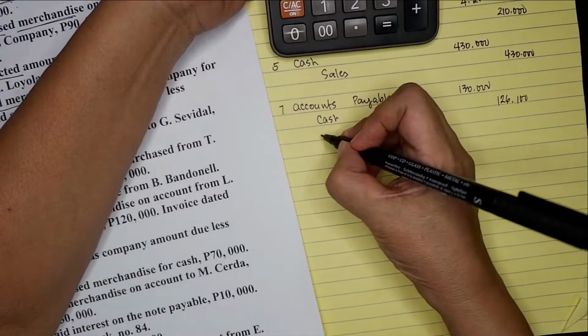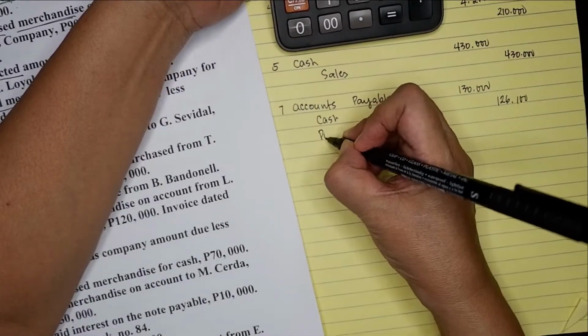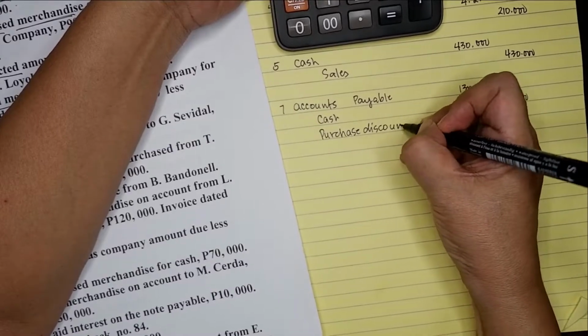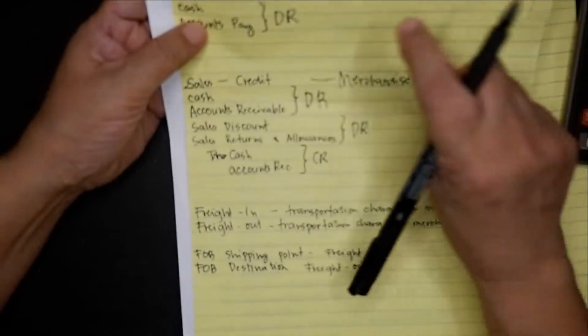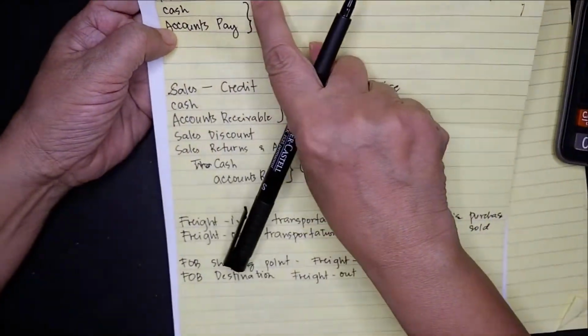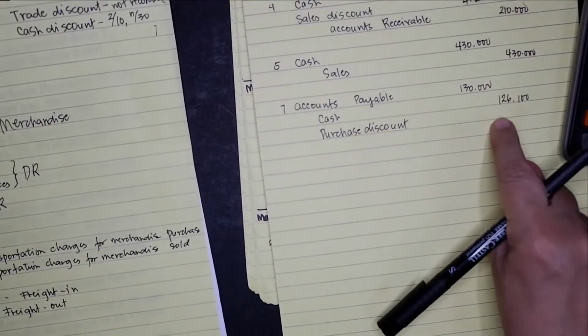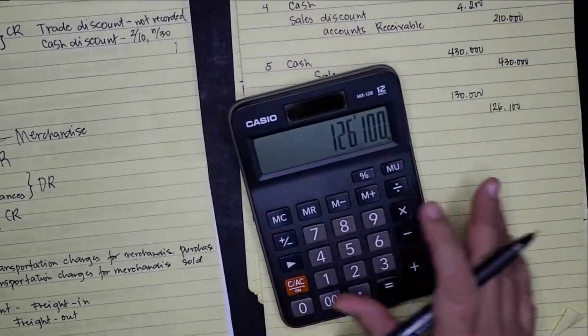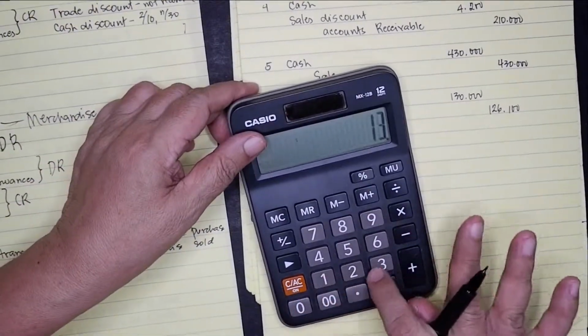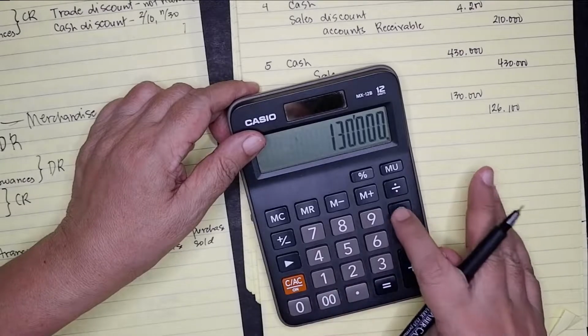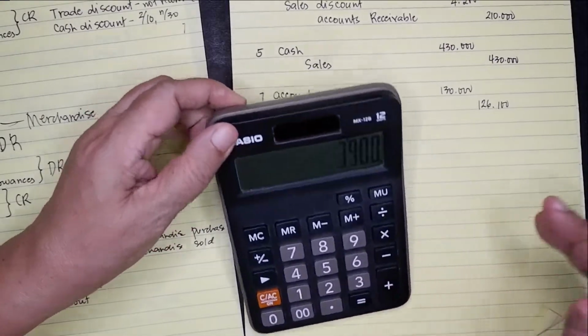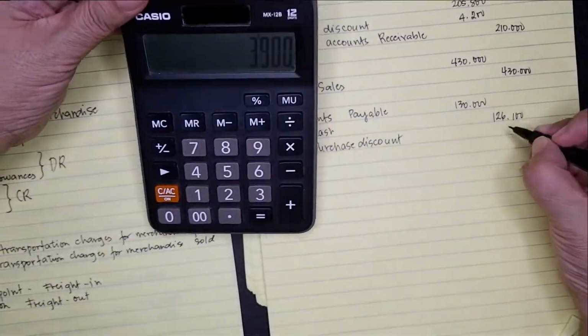And another credit, purchase discount. Remember, our purchase discount is on the credit side. And how much is that? That is 130,000 times 0.03, that is 3,900.